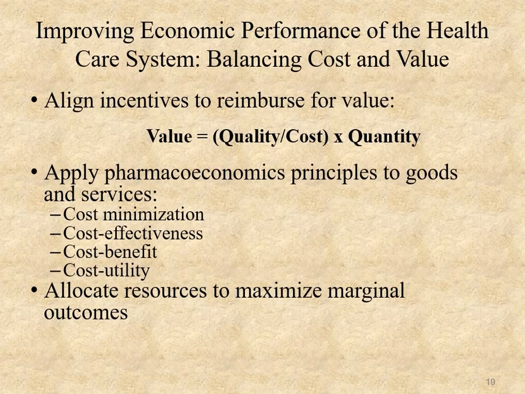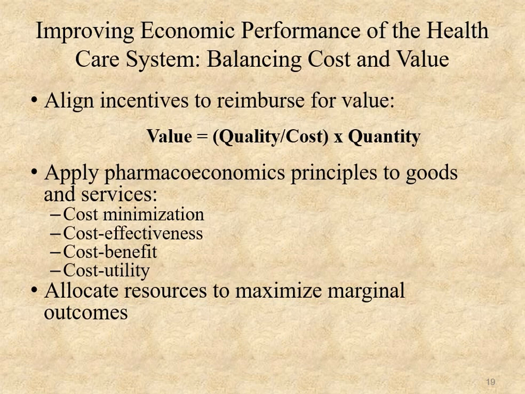And finally, this last slide, which is important, balancing cost and value. There's this need to align incentives to reimburse for value, and value is quality divided by cost, and taking that and multiplying it times quantity.